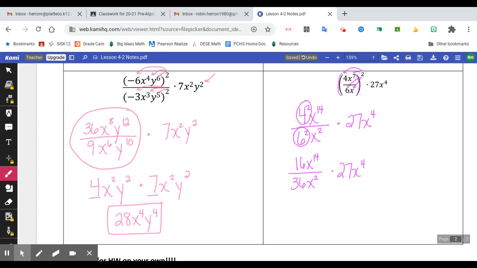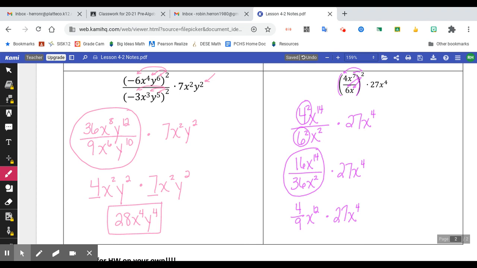Okay, so now I can still do this side. Well, I can't take 16 divided by 36 without getting a decimal. So again, it's like a fraction. We're going to simplify it. Okay, 4 goes into both of these, so this would be 4/9. And then 14 minus 2 would give me x to the 12th times 27x to the 4th.